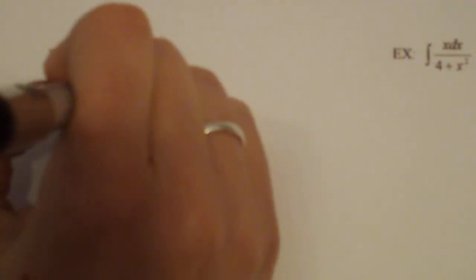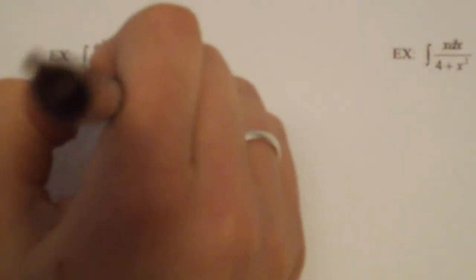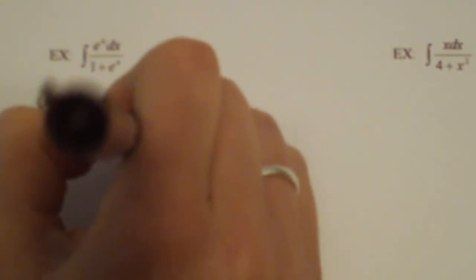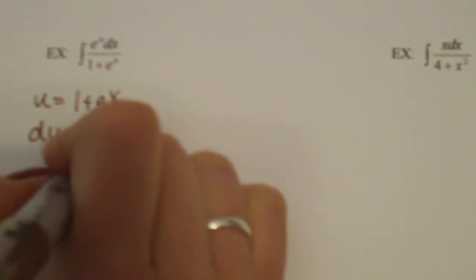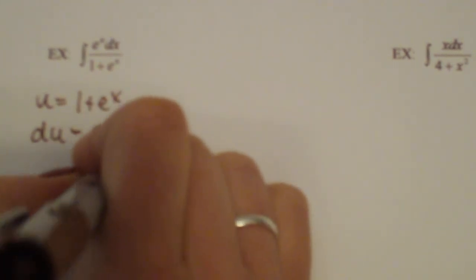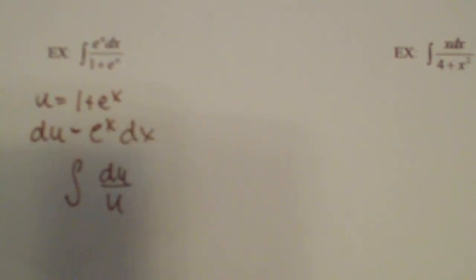Well, guess what? If you look at this and just do a u substitution, let u equal 1 plus e to the x, and then du is e to the x dx. When I rewrite this, it's the integral of du over u. And then what's my answer for that?